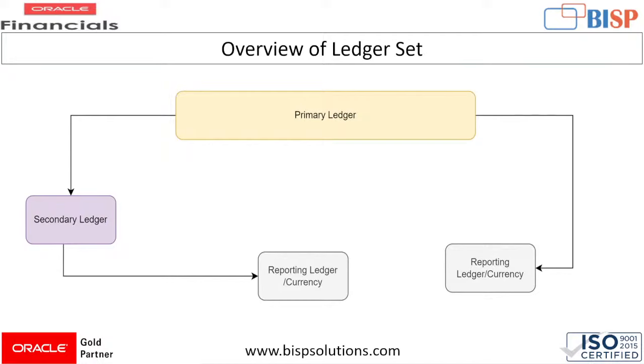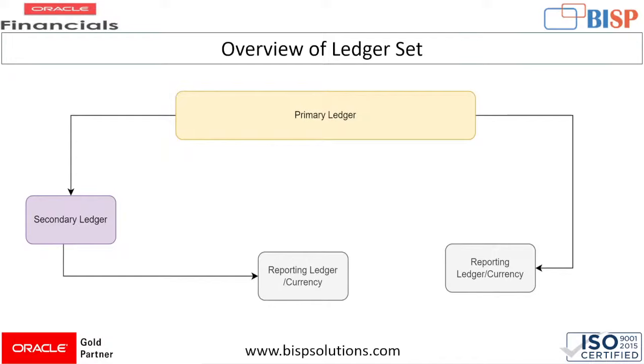For example, say your primary ledger uses US GAAP principles, and you maintain the secondary ledger in International Financial Reporting Standards, that is IFRS, right? So if you require that accounting, then you can use the secondary ledger for that purpose.